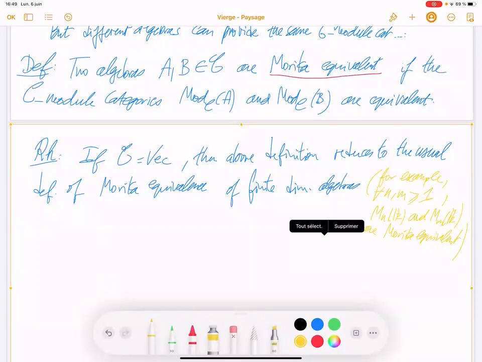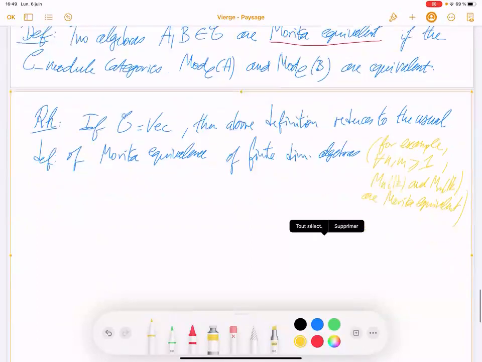I can just repeat what I said before, that every algebra of the form X tensor X star is equivalent.